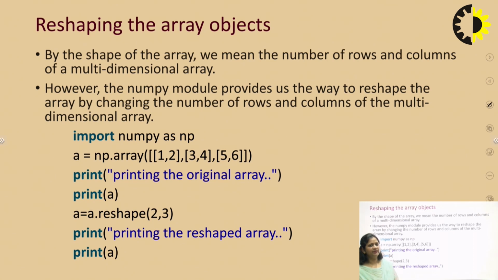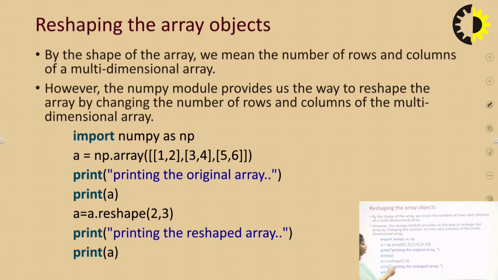For example, suppose we have a matrix of 2 cross 3 size, 2 rows, 3 columns, and we want to reshape it. Then the output will be 3 cross 2: 3 rows, 2 columns.